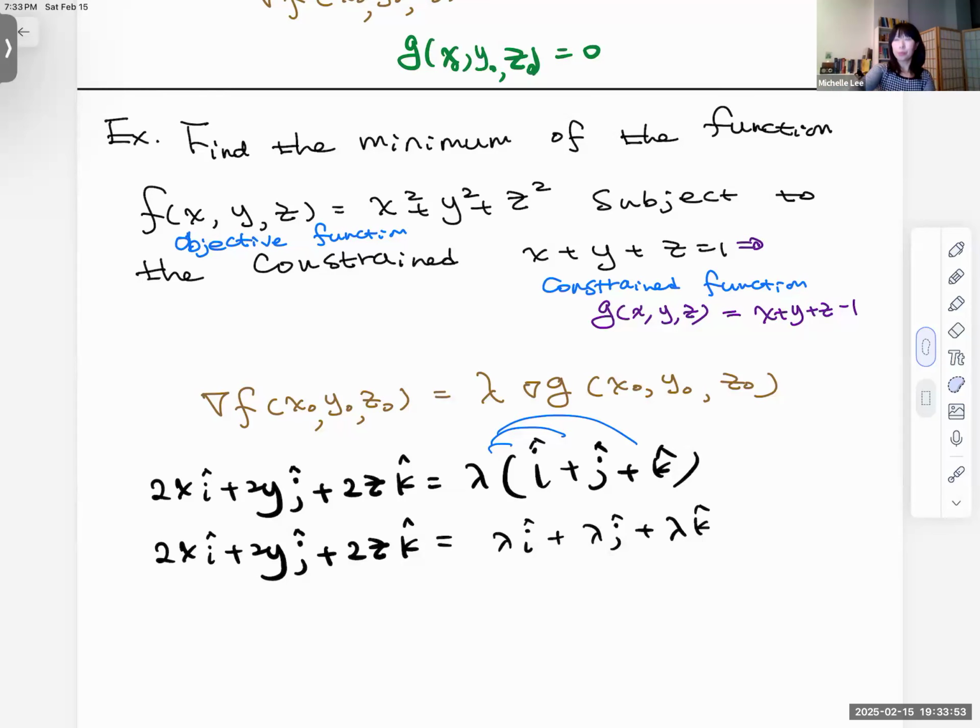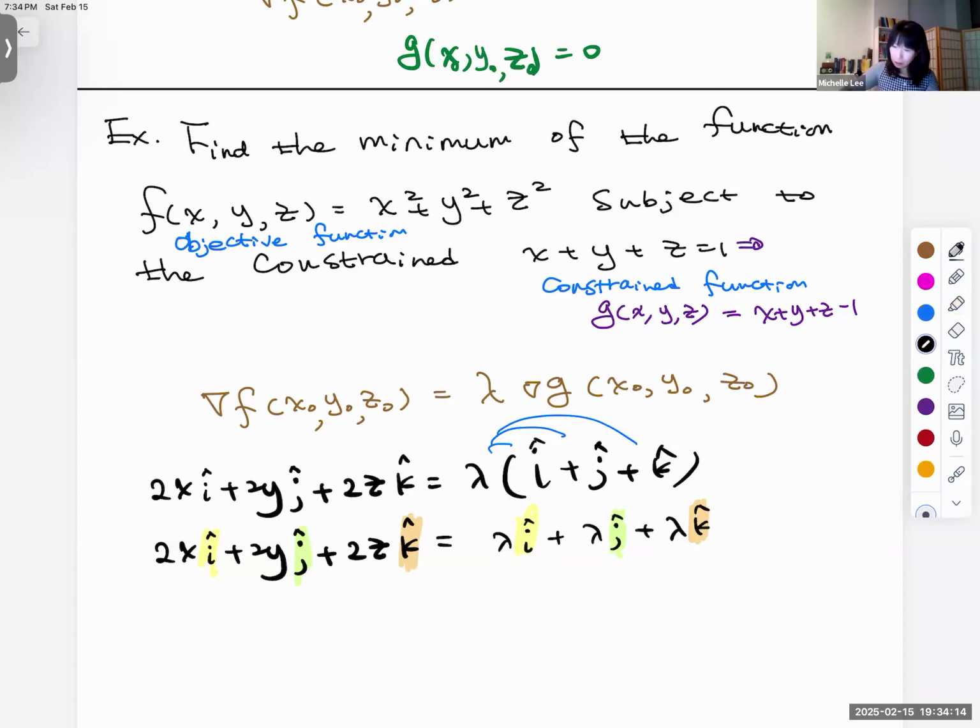We can say that i corresponds with i, j with j, k with k, because of the equal sign, right?